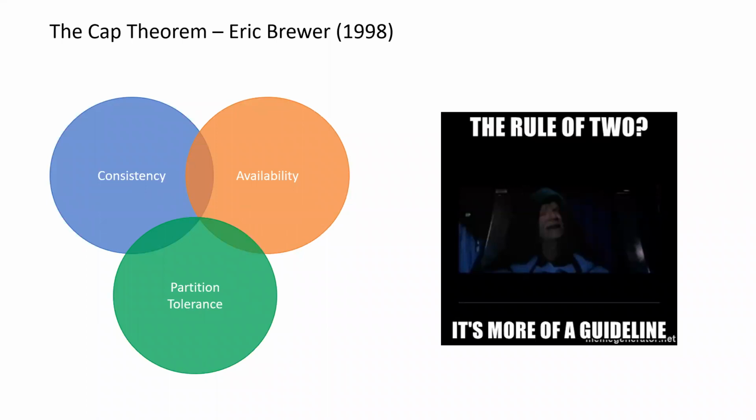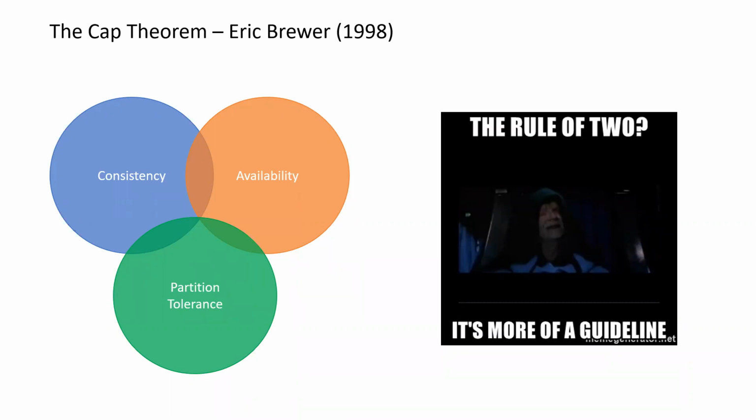Whereas if you take the eventual setting, you are creating a pure AP database. Thus, the middle ground, which is session, is an amalgamation of all three elements of the system. So the rule of two becomes more of a guideline, just to ensure that you understand that.